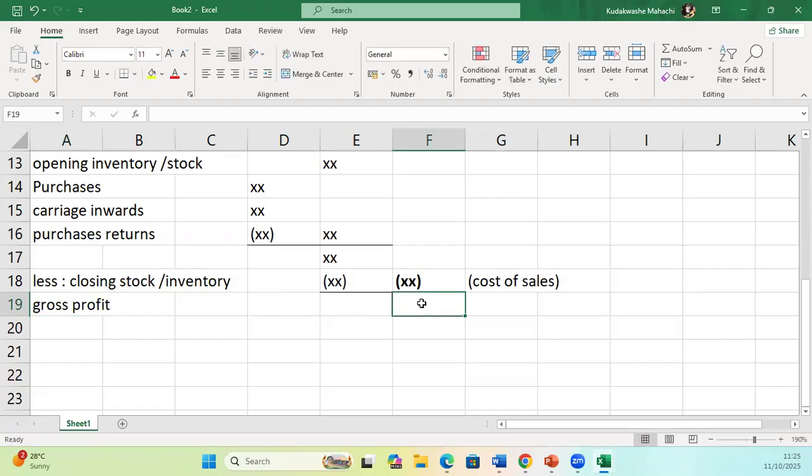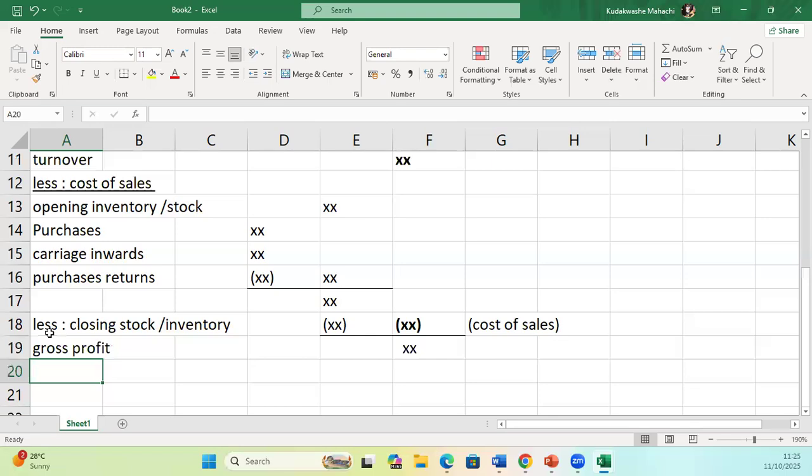The gross profit is the profit of the business before deducting expenses.